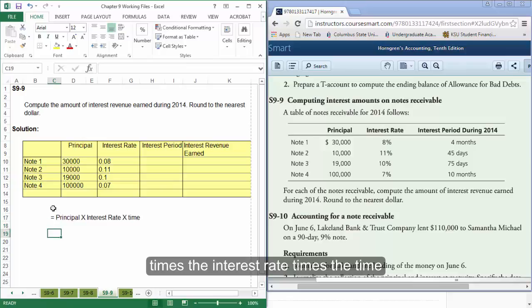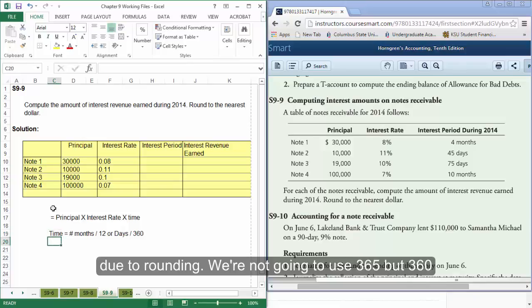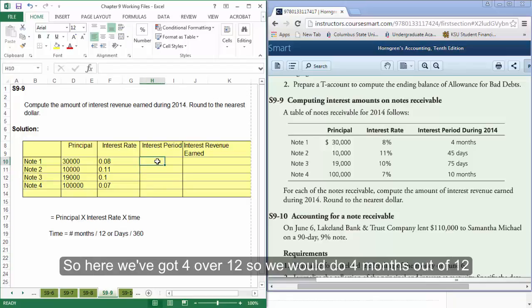And the time is either the number of months we've had the loan outstanding over 12, or the days we've had it over 360 days due to rounding. We're not going to use 365, but 360. So here we've got 4 over 12, so 4 months out of 12.